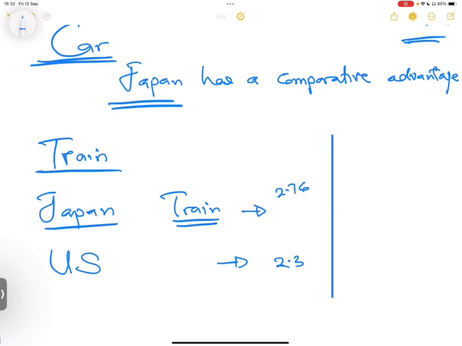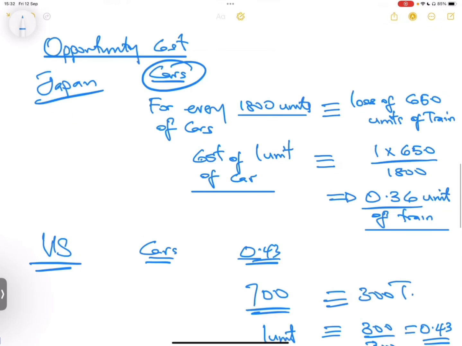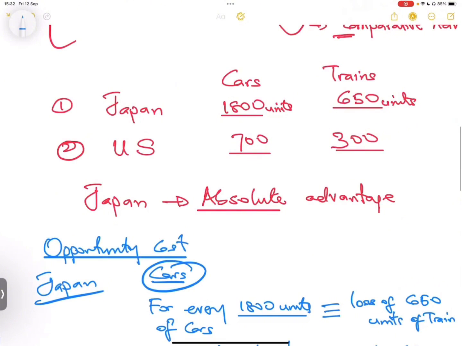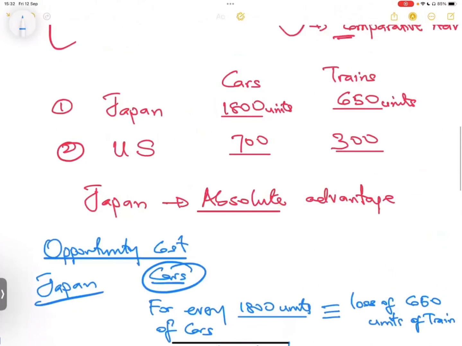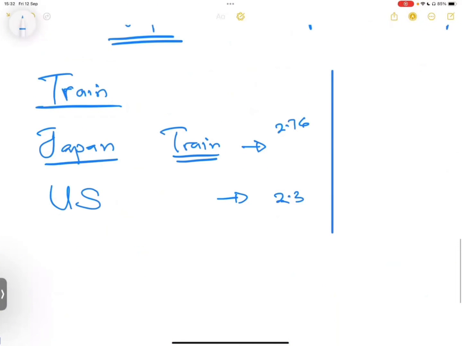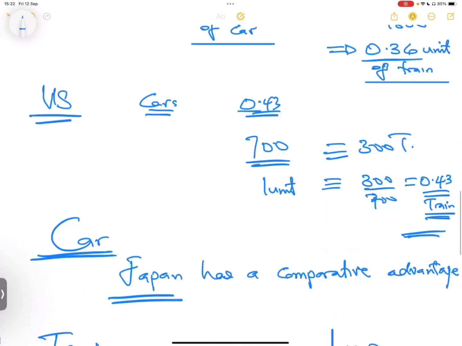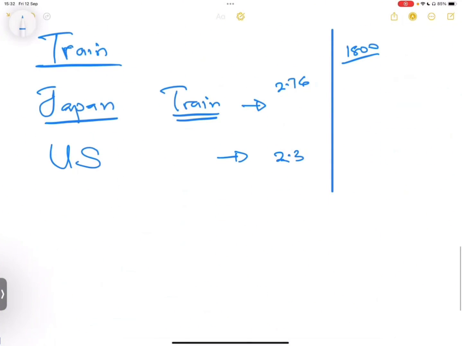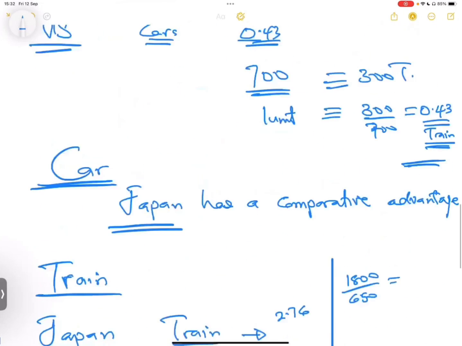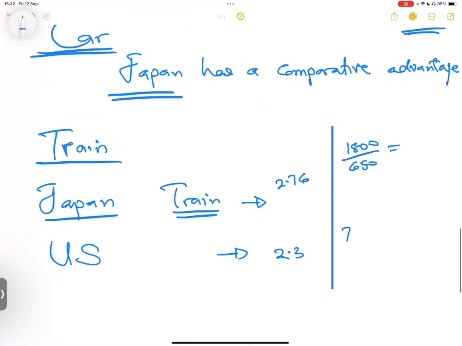You're in different places, so I assume that you actually did the correct thing. What we're saying is if Japan wants to focus on production of trains alone, they will lose 1800 of cars for production of 650 trains. And US similarly will have to stop producing the whole of 700 cars so that they can produce the 300 trains.